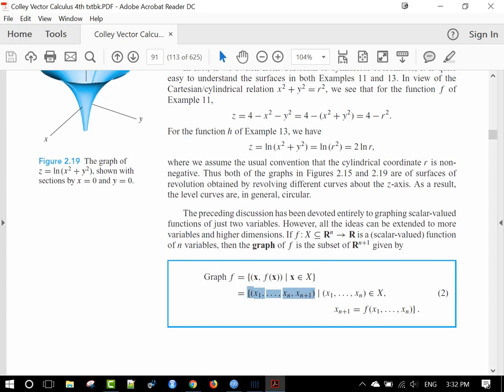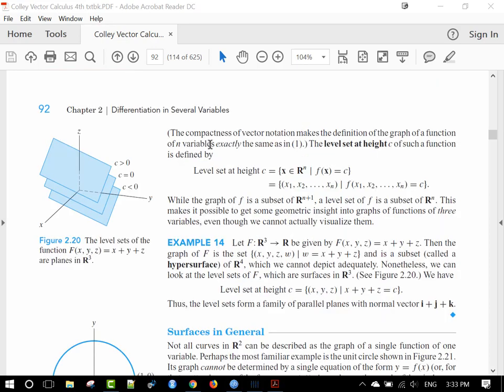This is the input, this will be the output from that input, and we tack them together, we get the input comma the output. That's one of the points in the graph. So she says that the compactness of vector notation makes the definition of the graph of a function of n variables exactly the same as in 1.